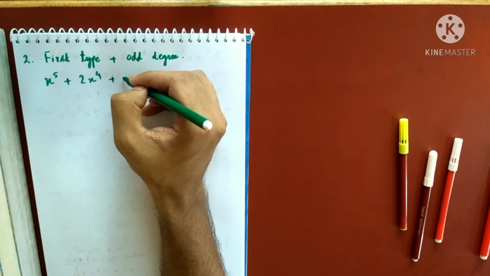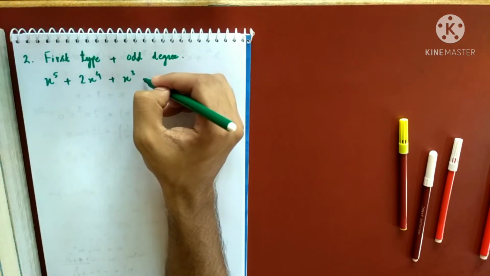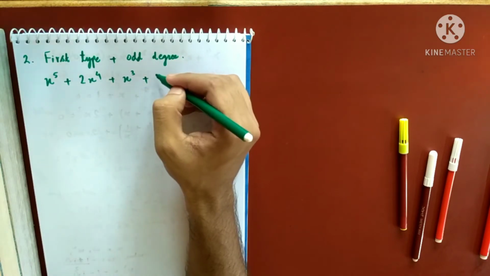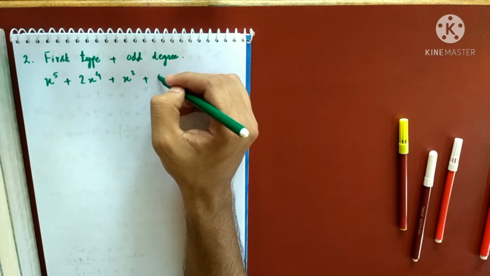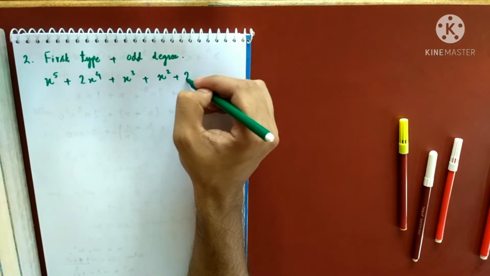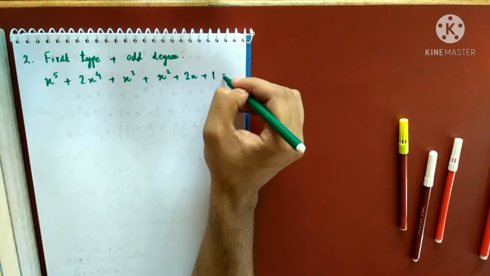x to the power 5 plus x to the power 4 plus 2x cube plus 2x square plus x plus 1.